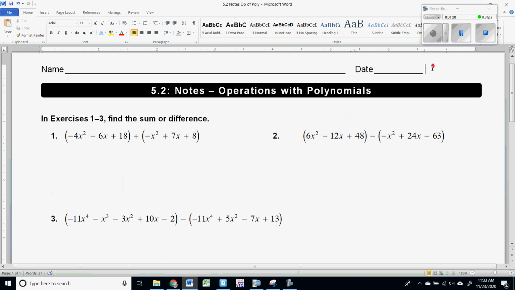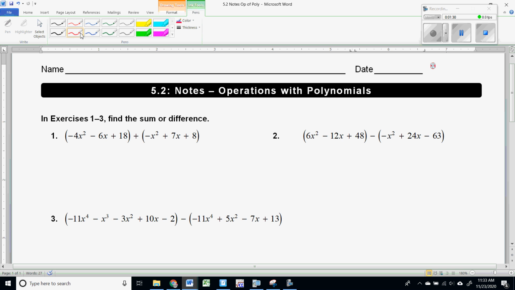If we want to add these 2 polynomials, adding polynomials is really just about combining like terms. If you look, and I'll use colors here, there are x squareds, there is just an x, and then finally there is just a number. So we're going to combine those like terms.